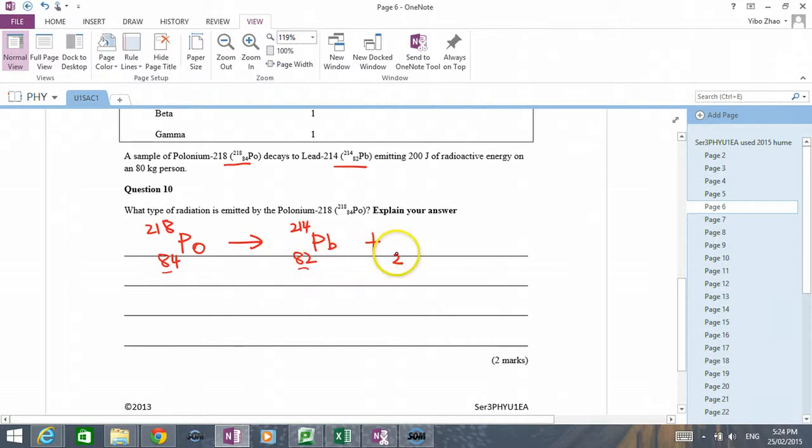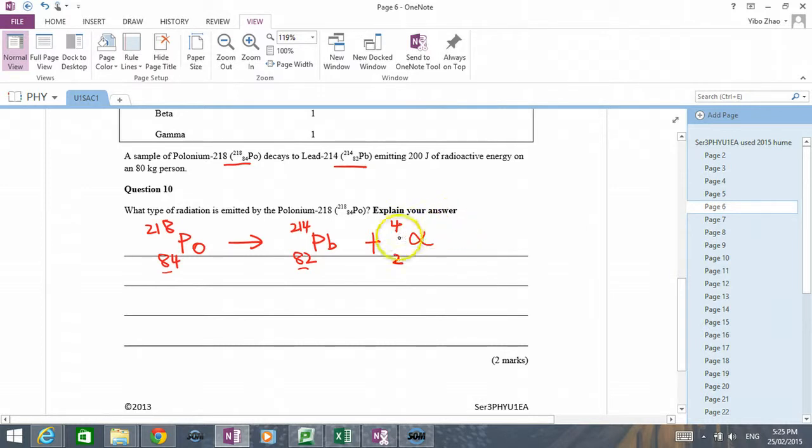That's the atomic number. For the mass number, 218 equals 214 plus a number, so this number must be 4. Atomic number 2 and mass number 4 is an alpha particle.